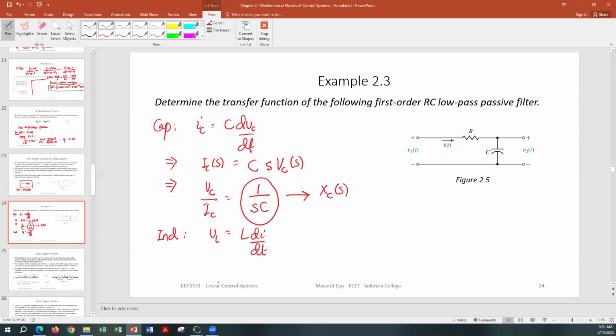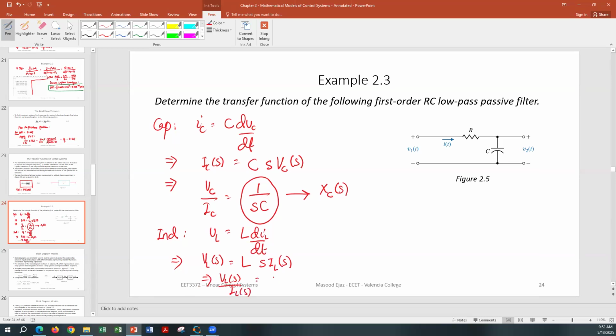And again, if you apply the Laplace transform, VL in the S domain is L S times IL in S domain, which gives us VL(s) over IL(s) to be equal to S times L. And that is the reactance of an inductor in the Laplace domain.